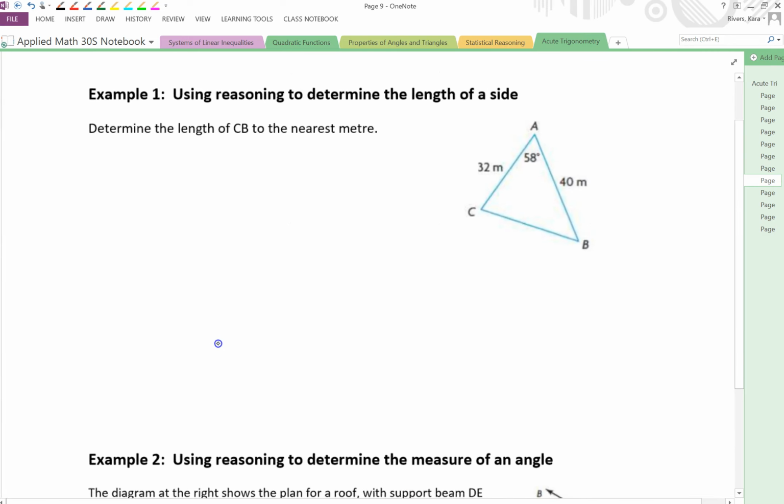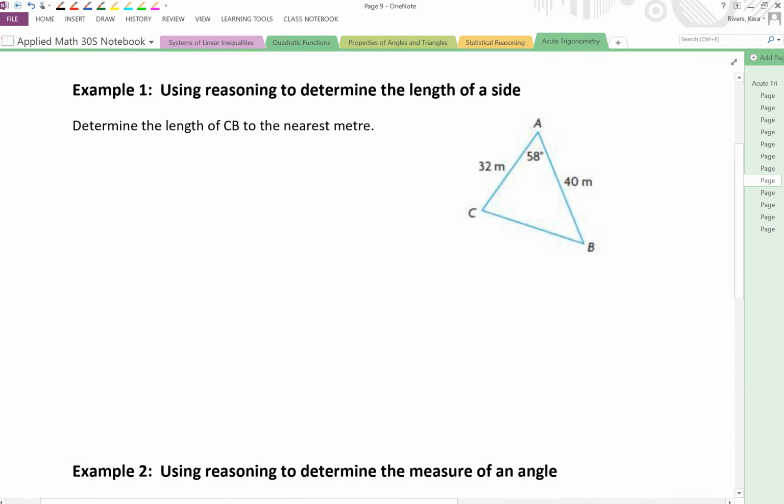So here's example 1. It says using reasoning to determine the length of a side. Determine the length of CB to the nearest meter. CB would be here, the length between the corner points C and B. That is across from capital A, so that would be lowercase a.